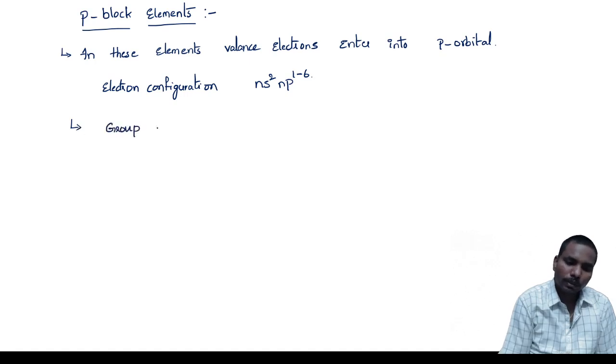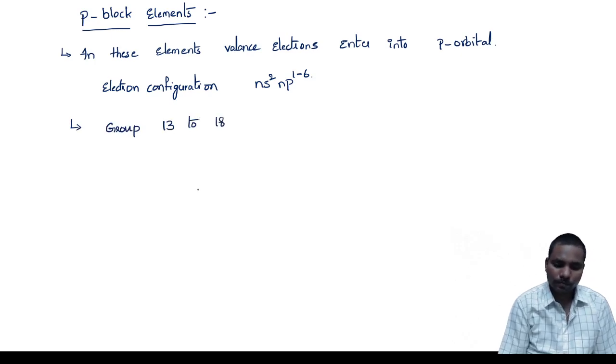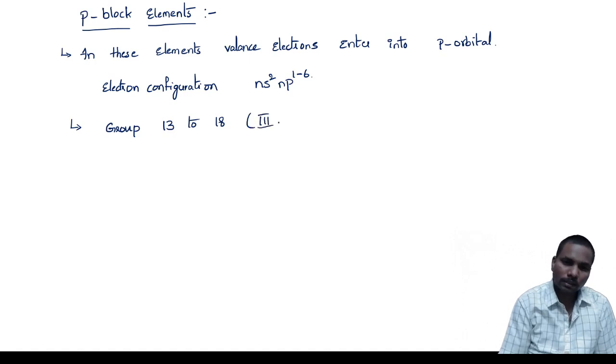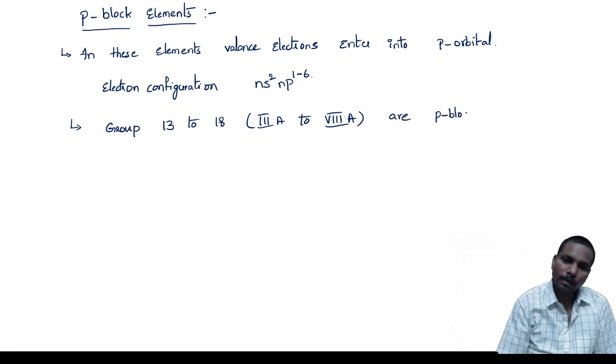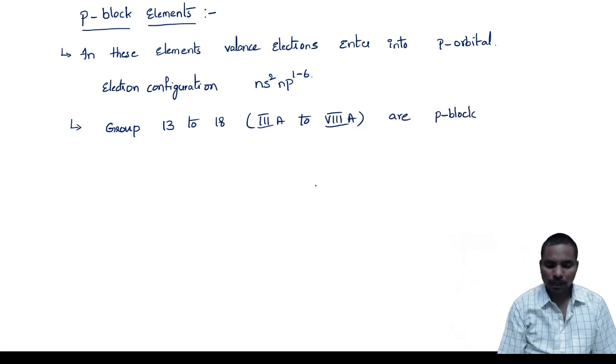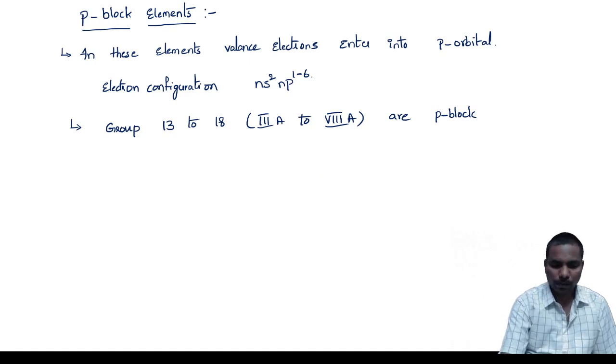Group 13 to 18, that means 3A to 8A, belong to P block.